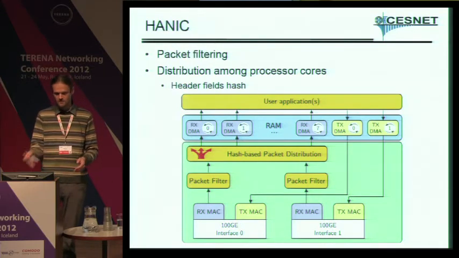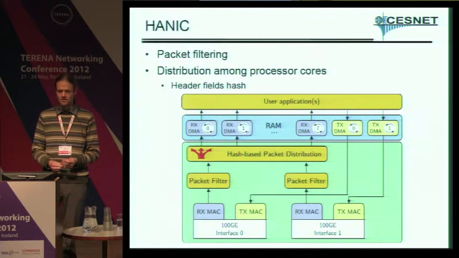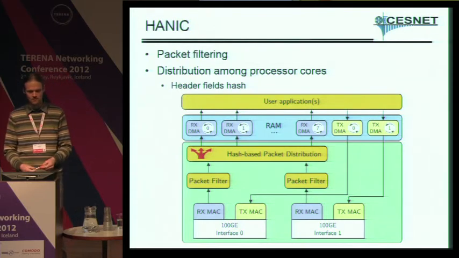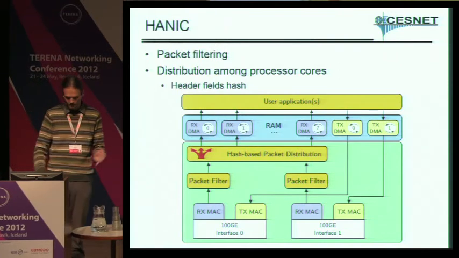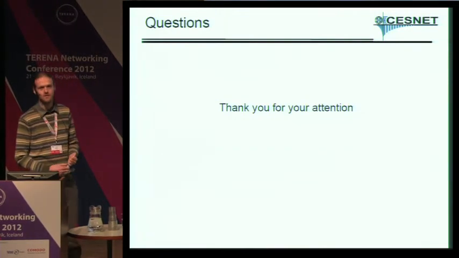So if the software application wants to observe the whole flow, the whole communication, it has the chance and doesn't need to look into more than one DMA buffer. So this is our plan, what we want to do in the beginning with the card. And that's it. Thank you for your attention.